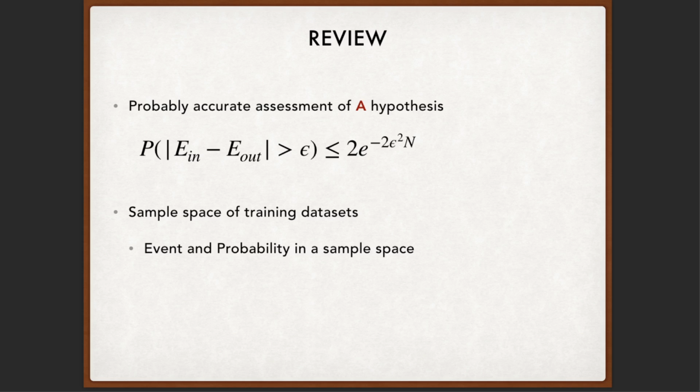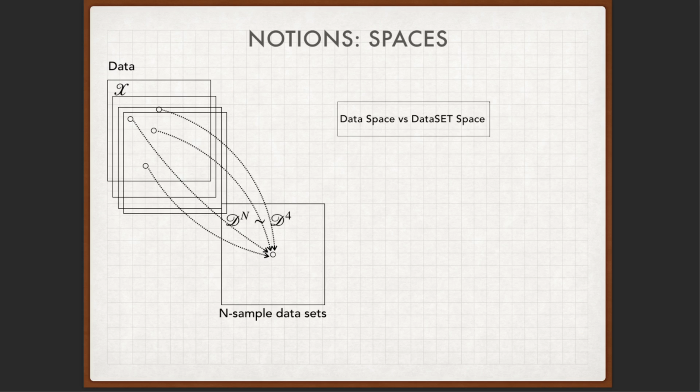And we have also discussed that in our problem of discussing the generalization risk, the sample space is defined by the training set, for whatever size. Note that we have used the capital omega for the sample space, but now we have changed the symbol to represent that it is for data sets.